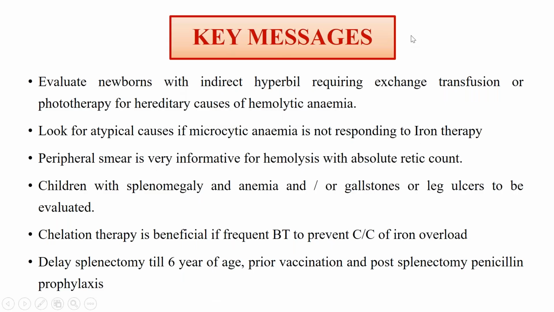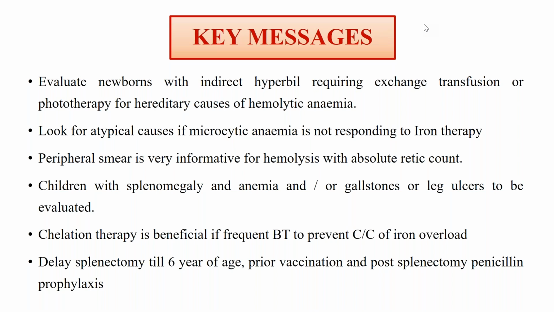The key messages for today were: evaluate newborns who have high indirect hyperbilirubinemia, that is, they require exchange transfusion or phototherapy, to look for a hereditary cause of hemolytic anemia. Look for an atypical cause if the microcytic anemia is not improving with iron supplementation. Peripheral smear is very informative along with the absolute retic count.